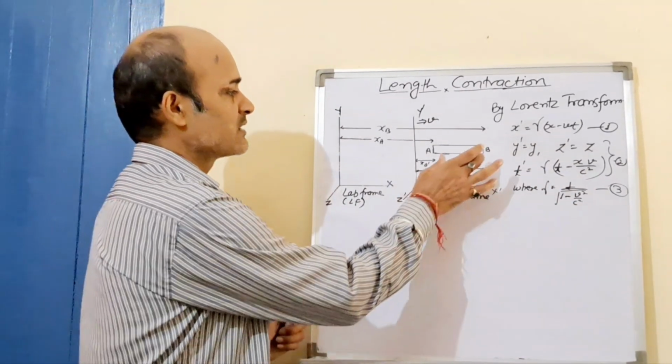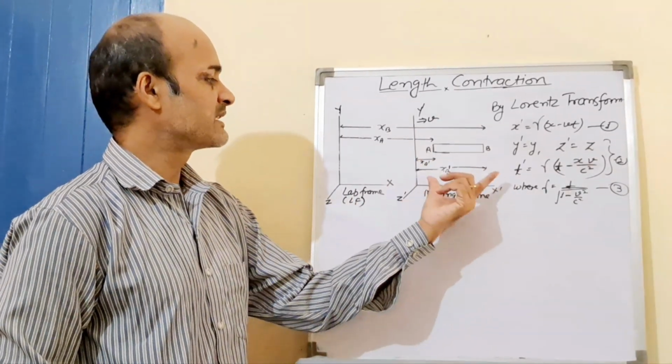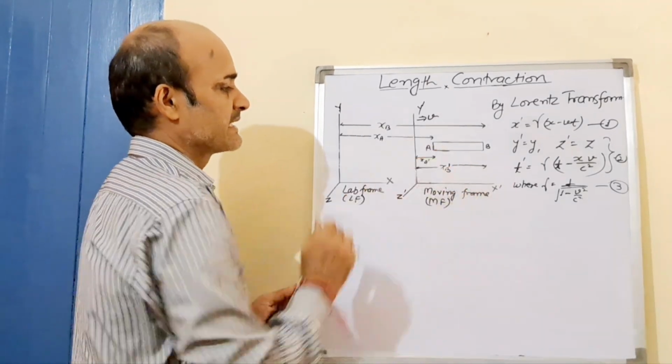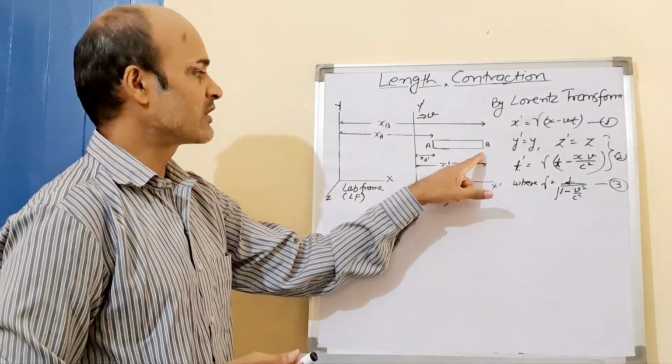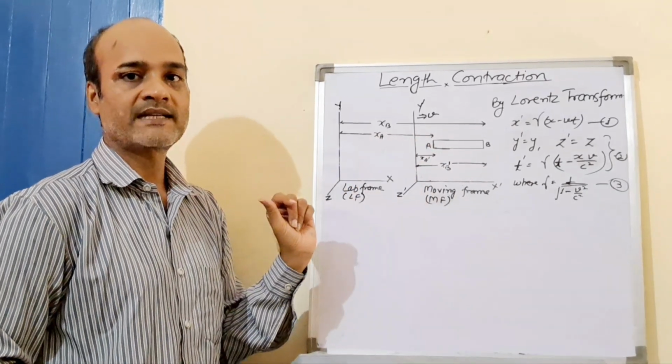Now an object in the moving frame is AB. So if we measure the length of an object in the moving frame, that will be xb dash minus xa dash, whereas the length of an object from the lab frame will be xb minus xa.